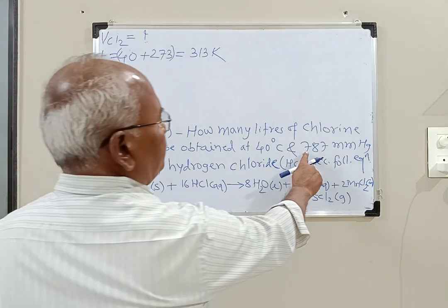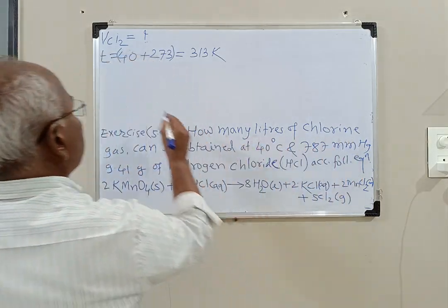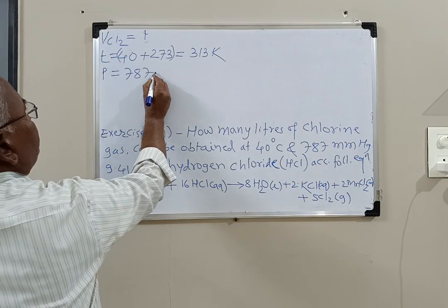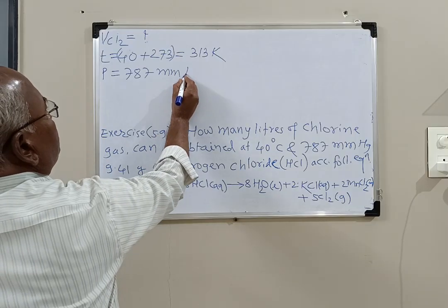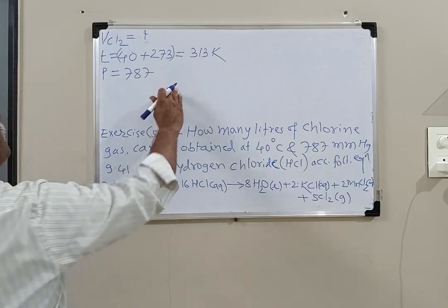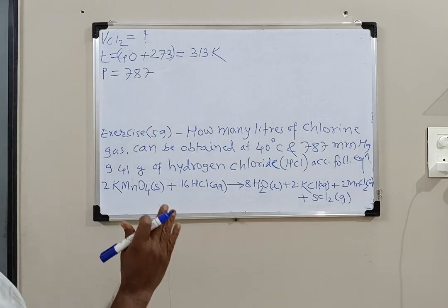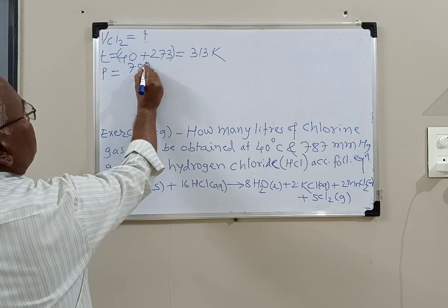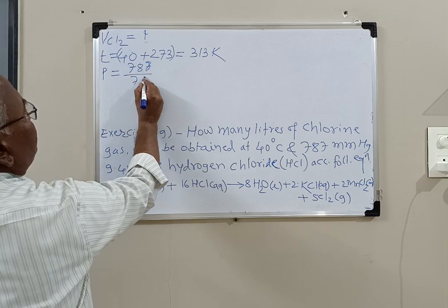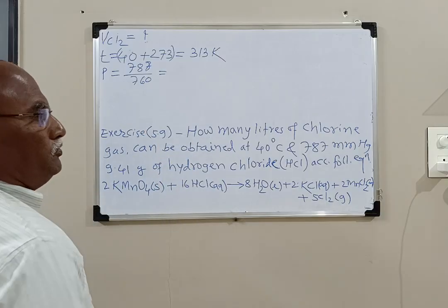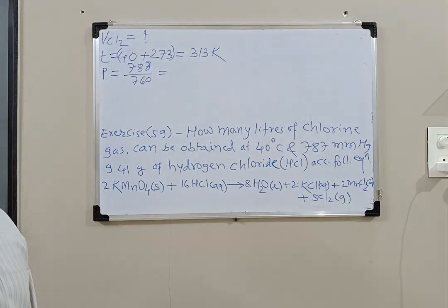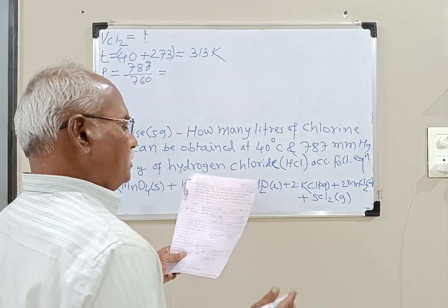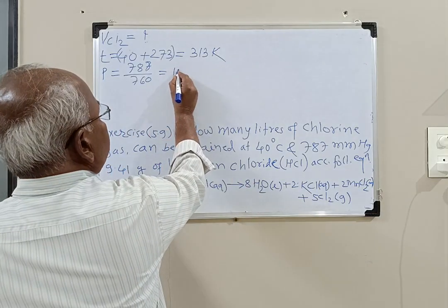Pressure is given as 787 mmHg, that is 787 height of mercury column. Now, convert this into atmosphere. Therefore, 787 divided by 760. You use the formula directly. The answer is 1.03 atmosphere.